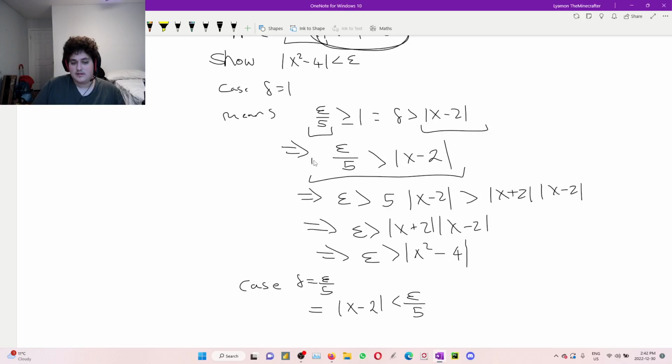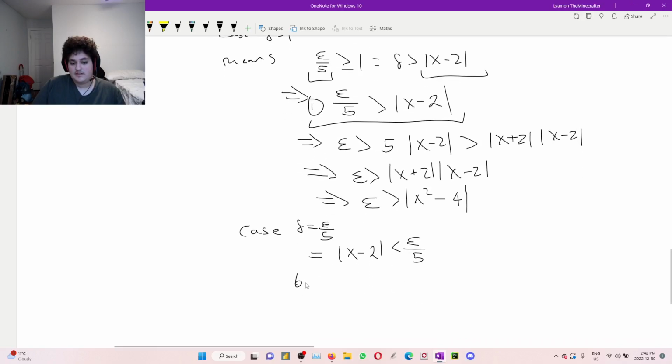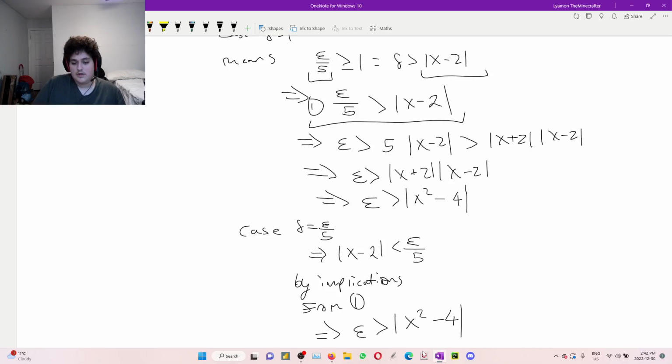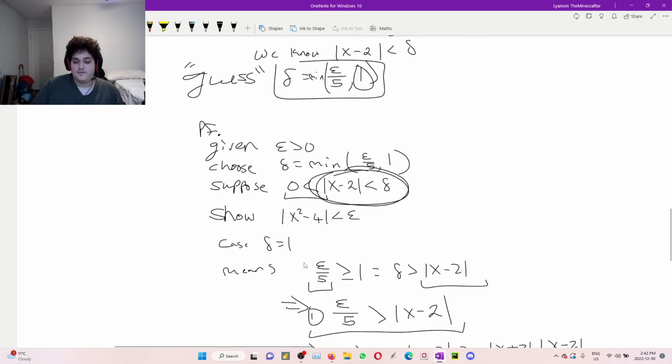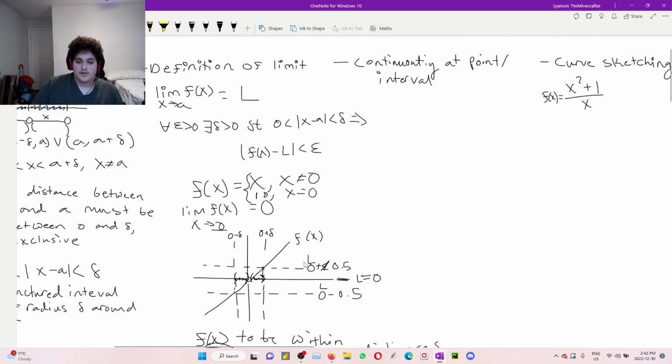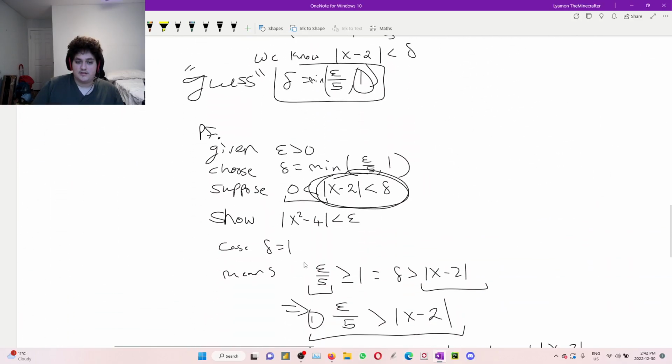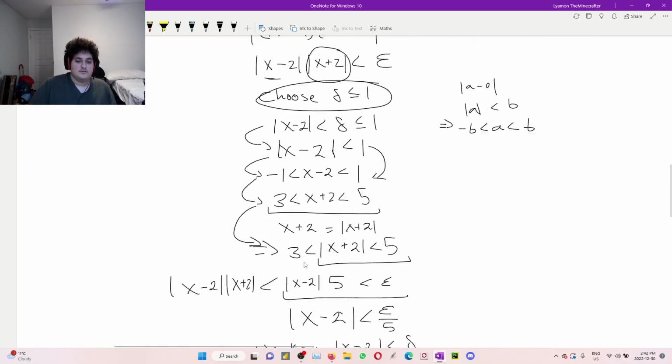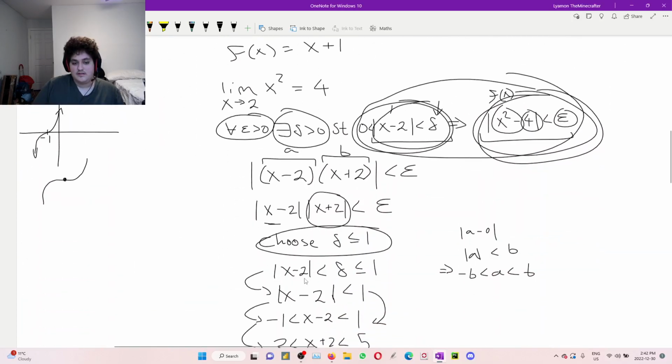So we can say, by steps, by implications, from 1, we have that epsilon should be greater than x squared minus 4. And that's it. That's the proof. So that's basically the gist of the definition of a limit and delta-epsilon proofs.